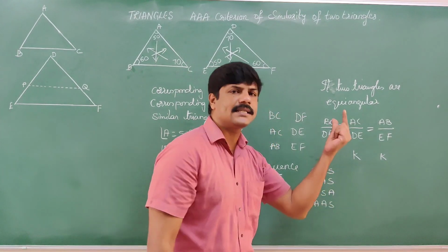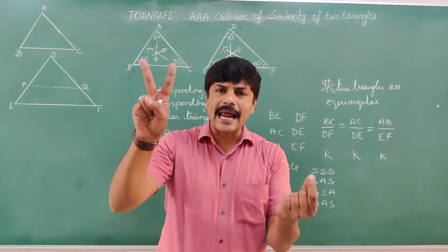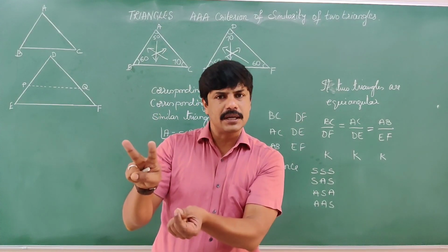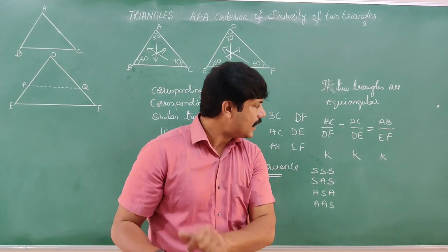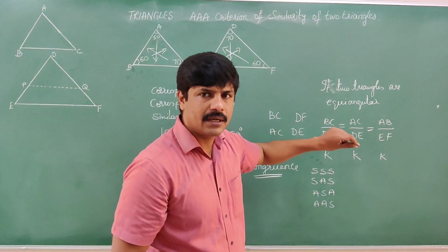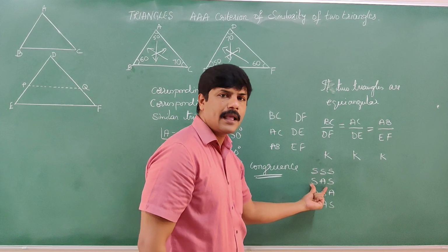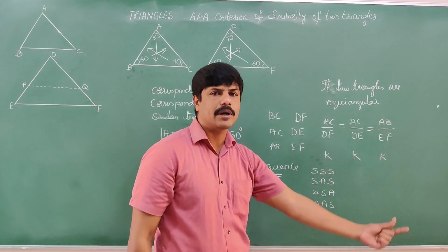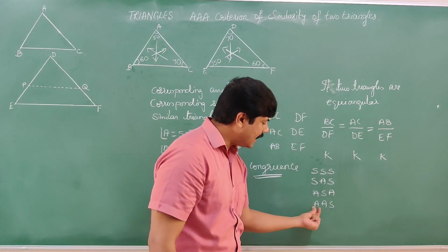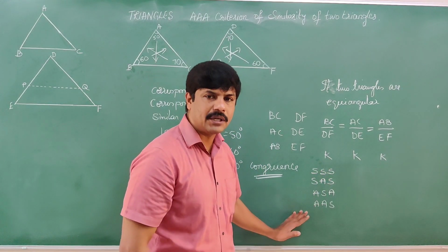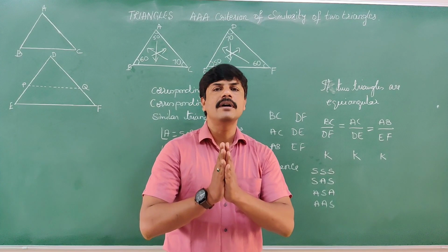Or SAS postulate. If two sides and the included angle are equal to two sides and angle of the other triangle, then they can be called congruent triangles. That is SAS postulate. Like this, ASA, AAS, four postulates are there. These four postulates prove the congruency of triangles.